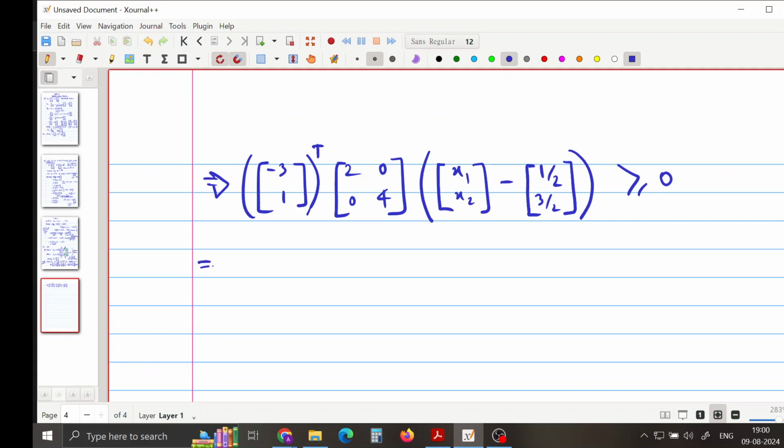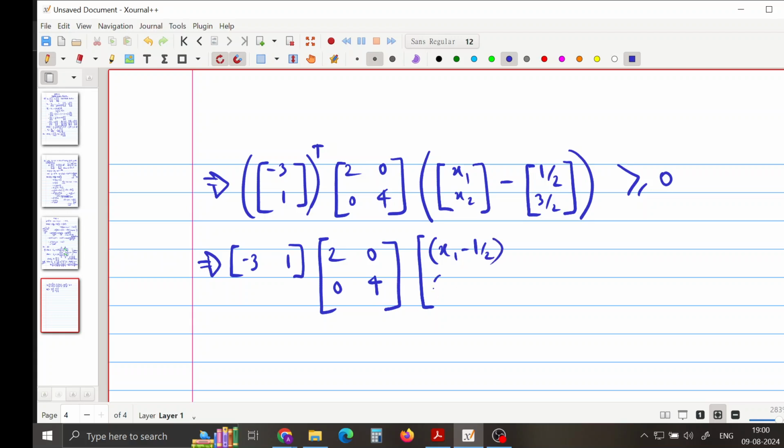Taking the transpose, it becomes a row vector, and so this is x1 minus half and x2 minus 3 by 2.